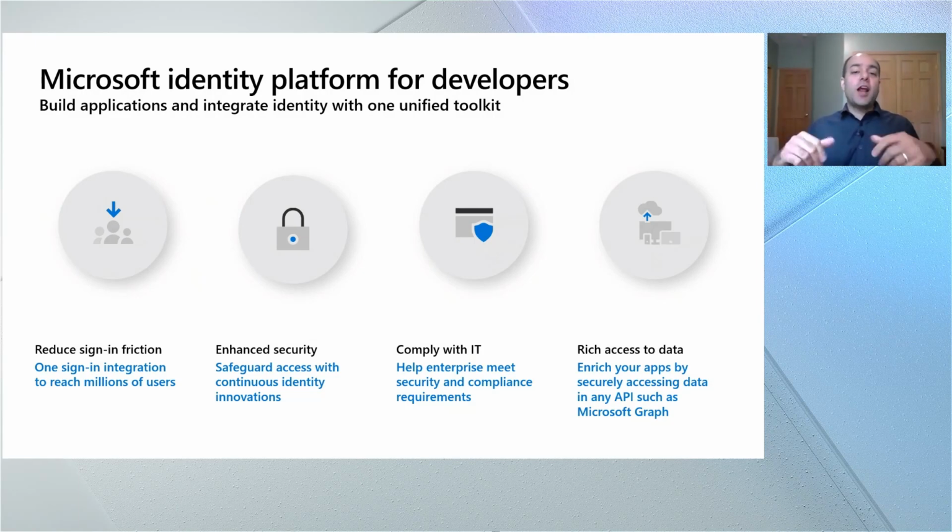And last, your application will get access to rich data. It's easy to ask the user for permission to data and then call Microsoft Graph for your own API. To summarize, by using the Microsoft Identity Platform, you'll save time, reach lots of users, and your application will be future-proof, getting all the latest innovation in identity.